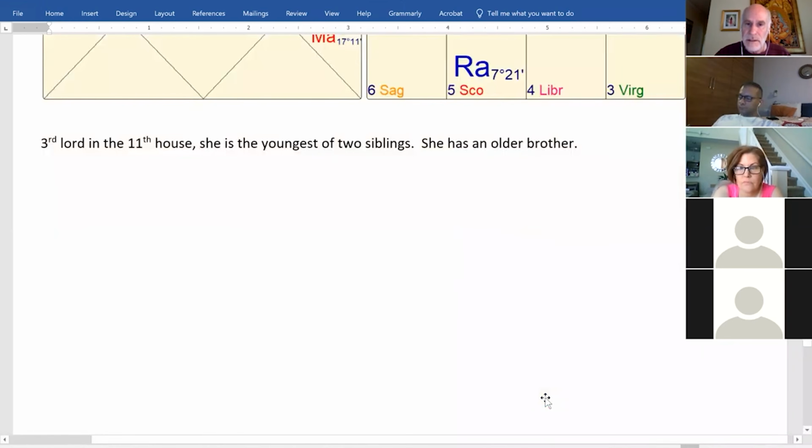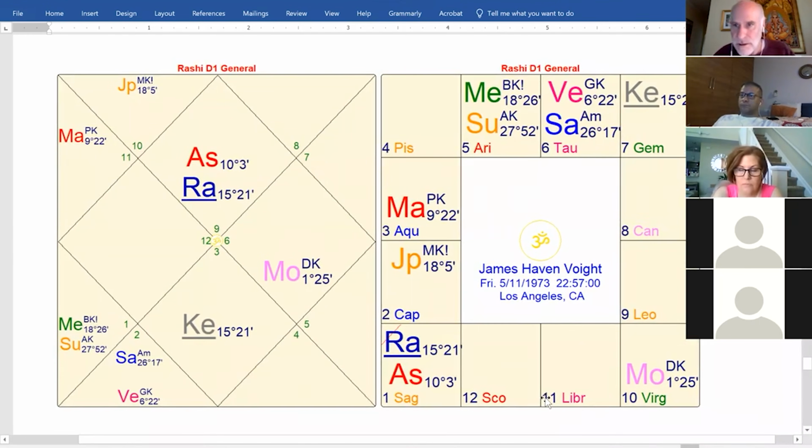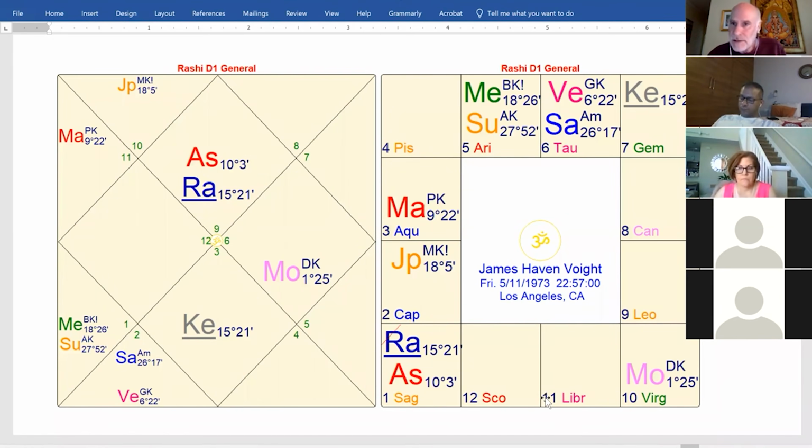So looking at the chart of the older brother, remembering that the third house is Aquarius and the third lord is Saturn. So Jolie's Saturn is in Gemini, right? And from a retrograde position there within that certain period would have been aspecting as if from Taurus, where the third lord of the older brother is.